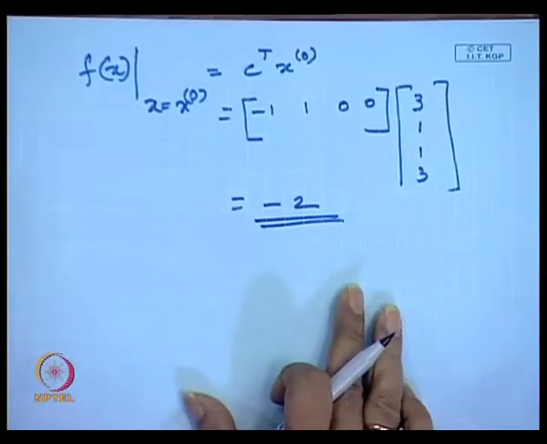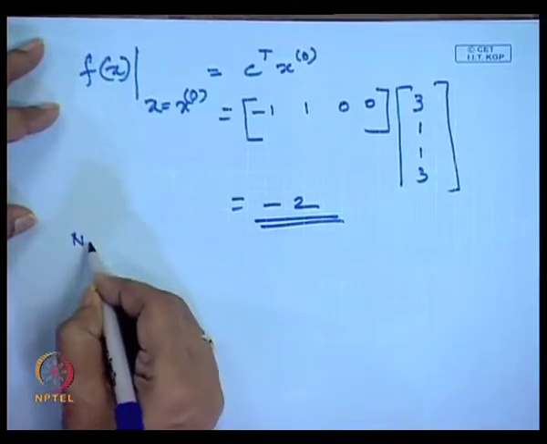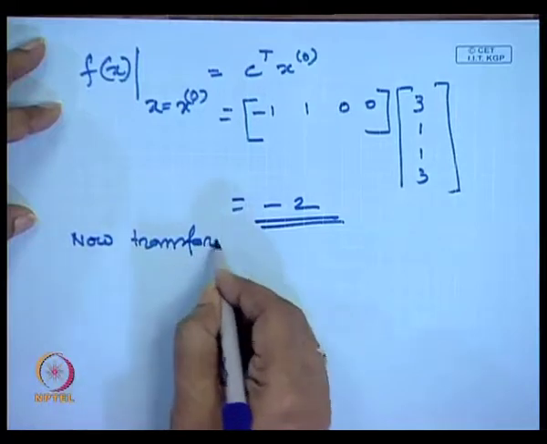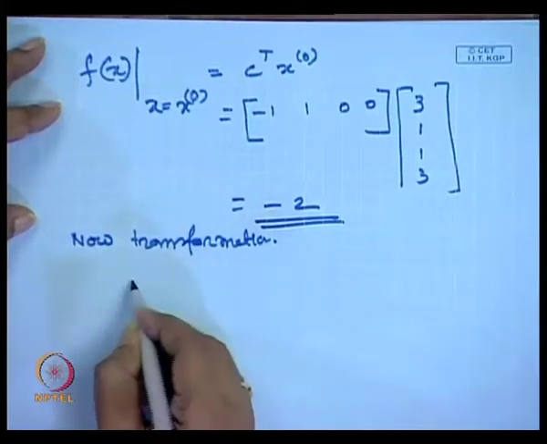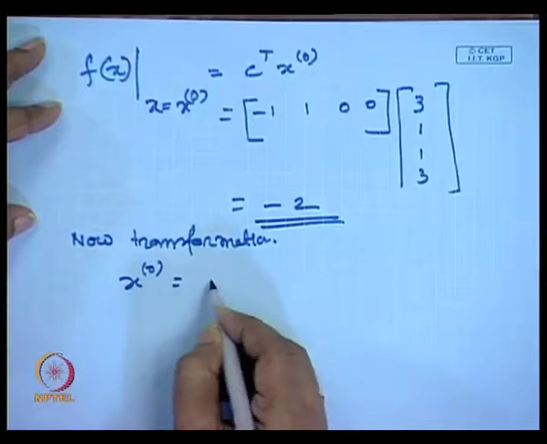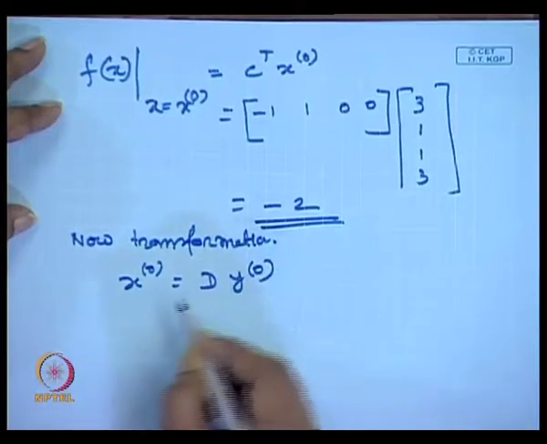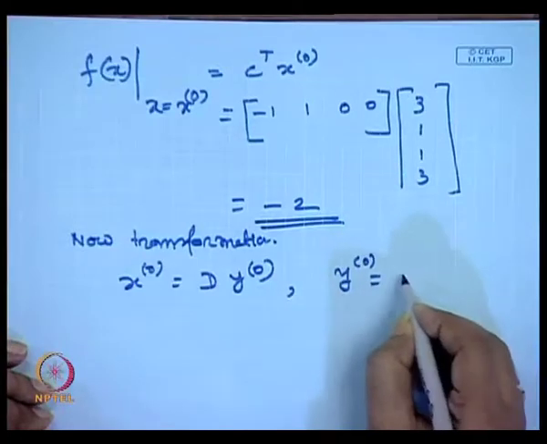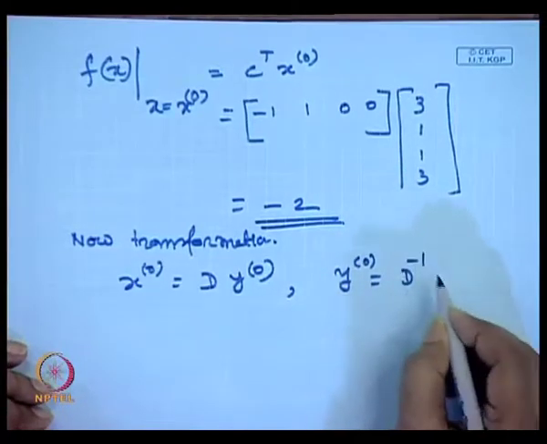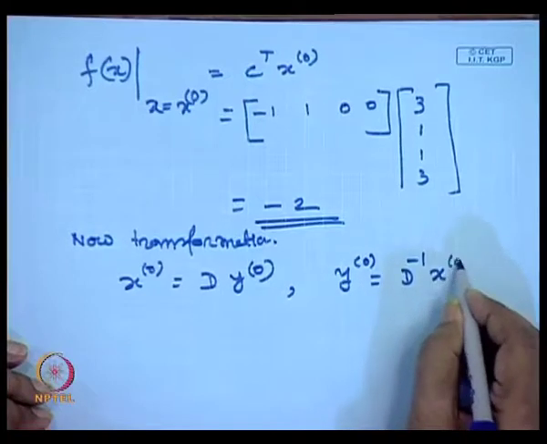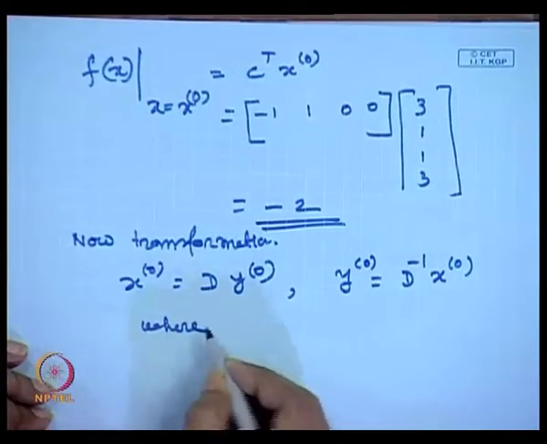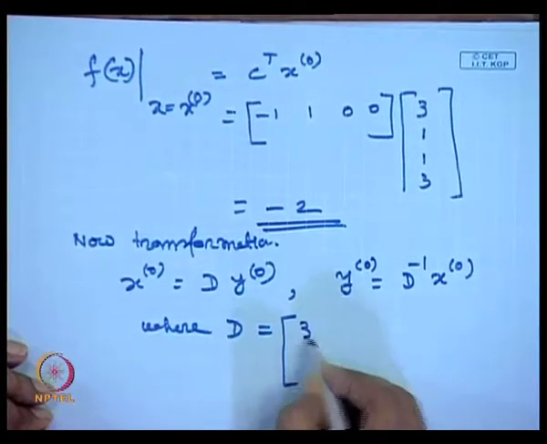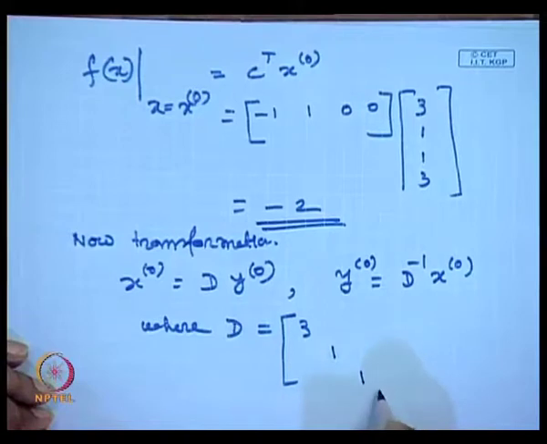We have to transform, and our new transformation is a coordinate transformation. Then our x of 0 is equal to D y of 0, and y of 0 is D inverse x of 0. What is our D? If you remember, D is 3 1 1 3.